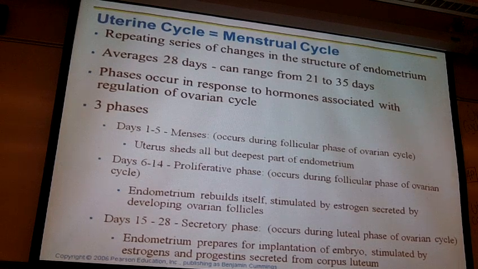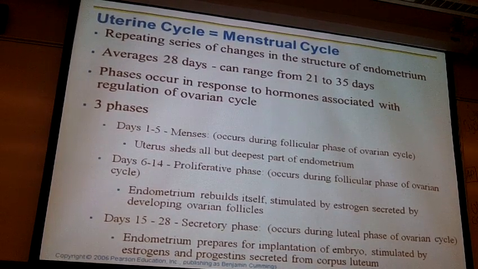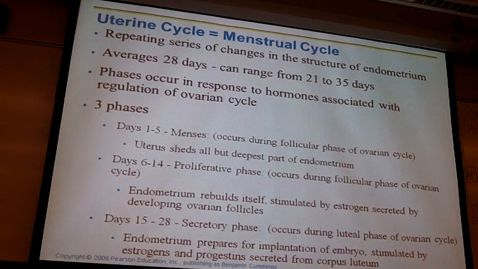The endometrium needs to be thick and secreting a lot of nutrients to support that embryo. So the uterus is getting ready for implantation. And if there's not a fertilization, then we're going to slough off all that material, kind of clean house, and then get it repaired, build it back up again.